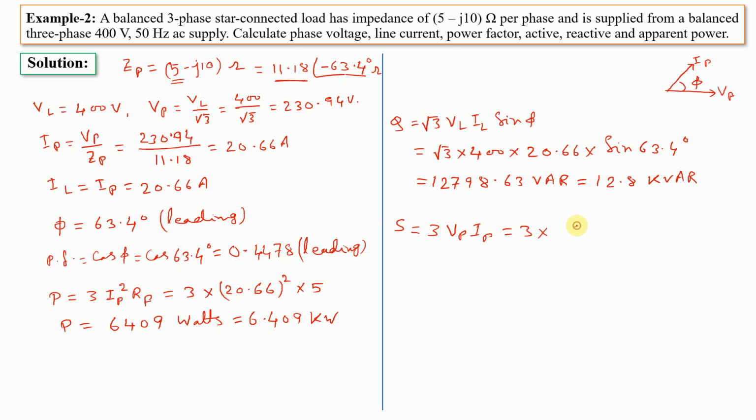The phase voltage is 230.94 and the phase current is 20.66, and finally we'll get 14,313.67 VA, or 14.31 kVA. So this is a complete solution for this question.